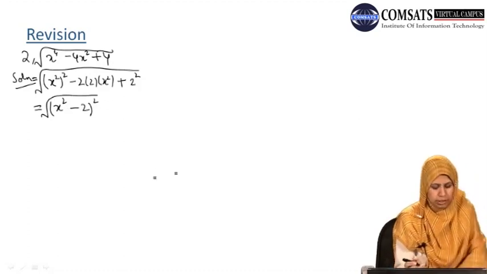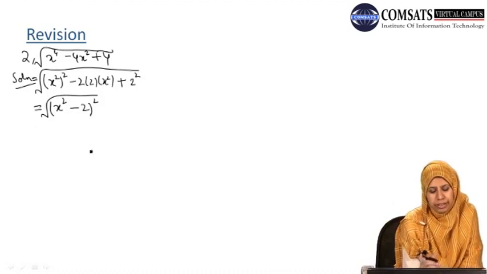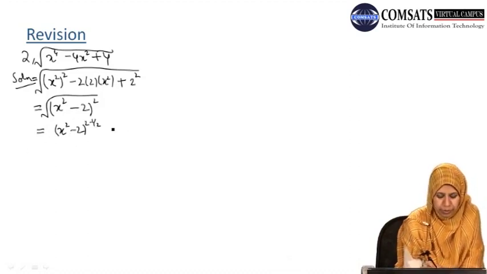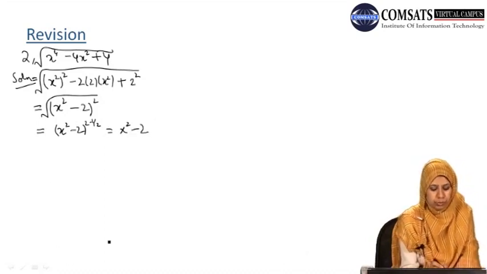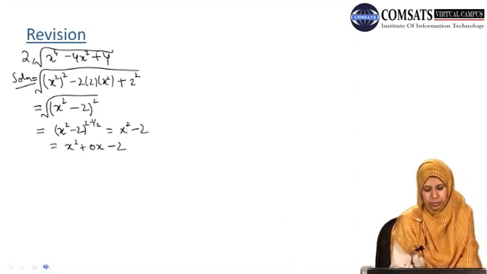And we all know that the power of the radical sign is 1 by 2. So this is nothing but x square minus 2 whole square to the power 1 by 2. The power cancels out and we obtain x square minus 2, or x square plus 0x minus 2.